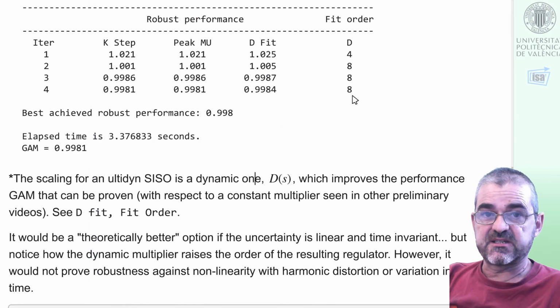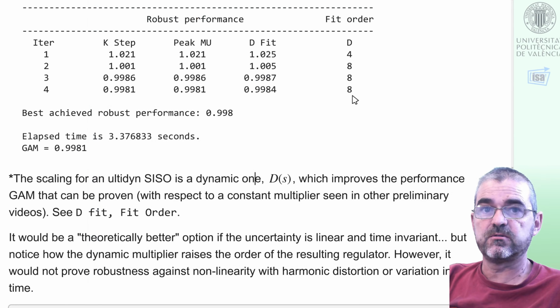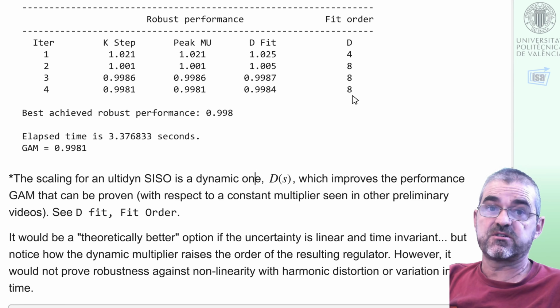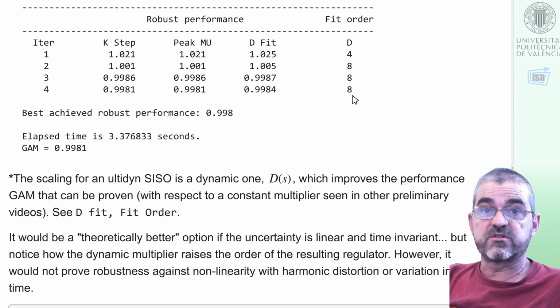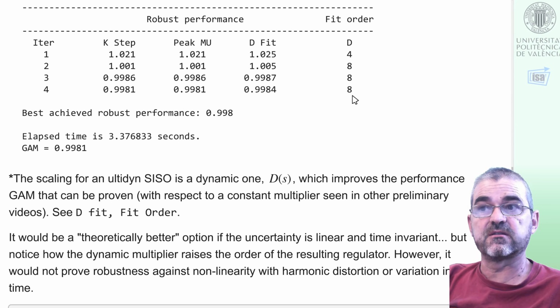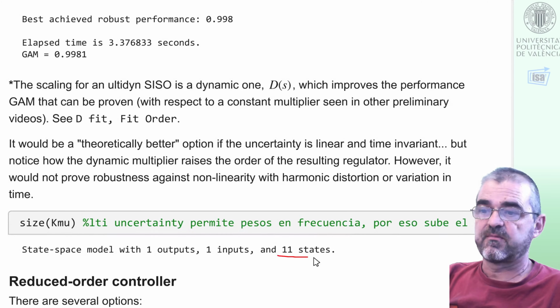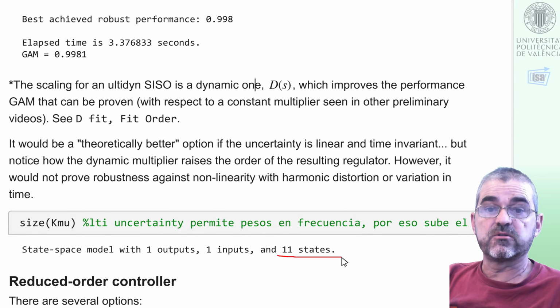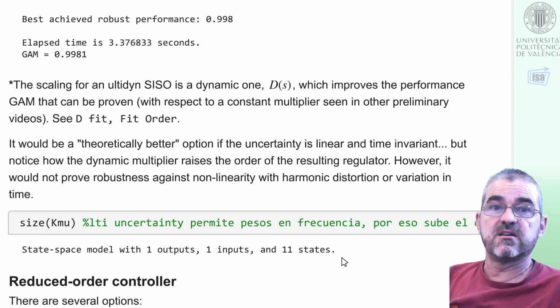So this is specialized to linear time invariant uncertainty in robust control. The second drawback is that the order of the regulator will increase, because we are doing an H-infinity synthesis problem with things of order 8 plus our generalized plant that was third order: the second order physical plant plus a first order error filter. So at the end, we have 11 states in our controller.